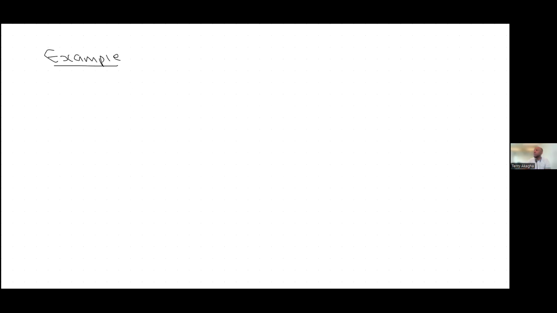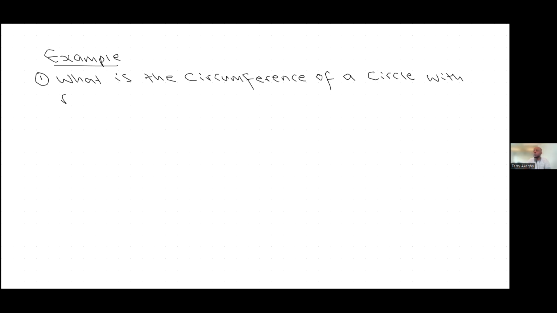The question is asking, what is the circumference of a circle with radius 5 centimeter, all right?